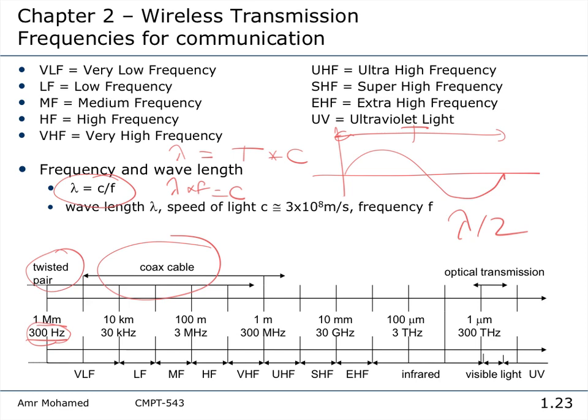And that causes plenty of problems, multipath fading, attenuation and so on. The penetration becomes not valid and so on. Okay? But on the other side, we can have tiny little antennas for communication. We can use low power. Okay? So it's a trade-off, right?